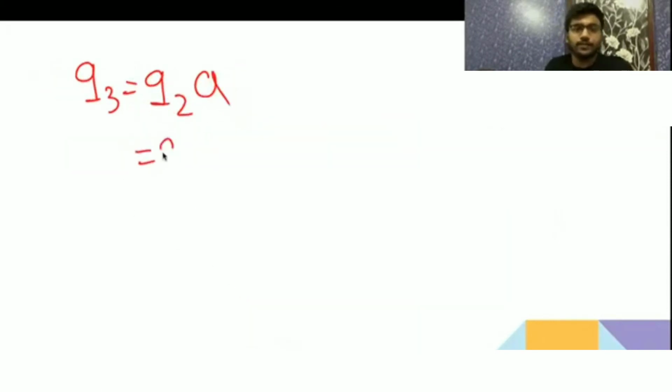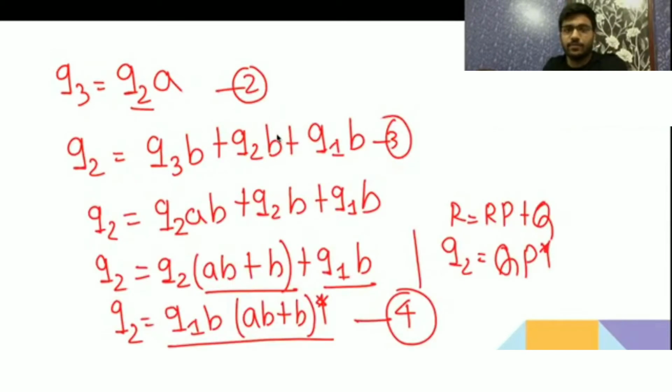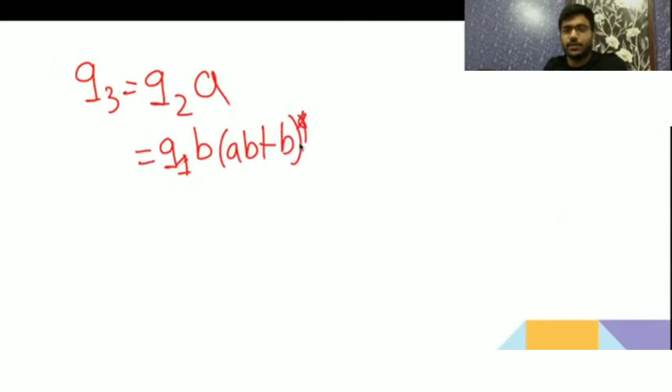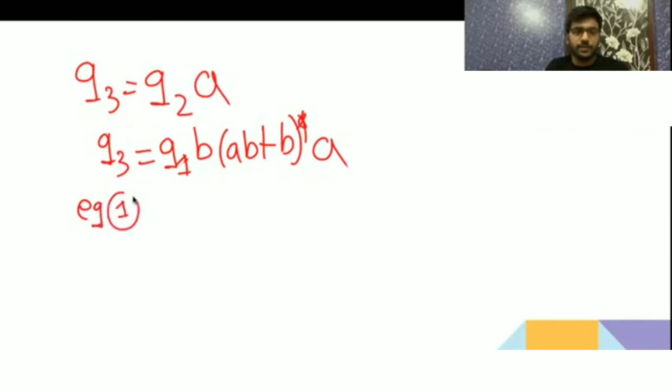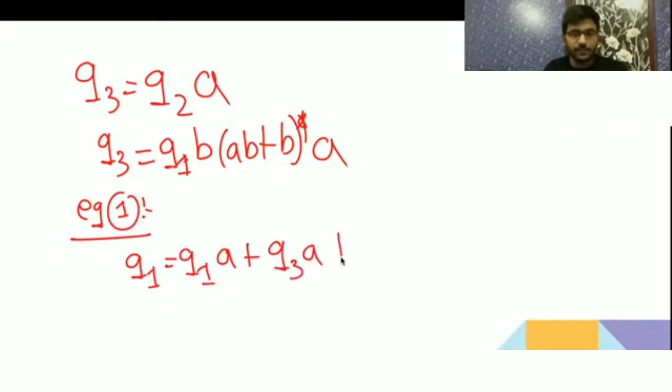You know the equation of Q3, Q3 is Q2A. In place of Q2 write this: Q1B, then AB plus B star, then A. Now from equation 1, Q1 is equal to Q1A plus Q3A plus epsilon.